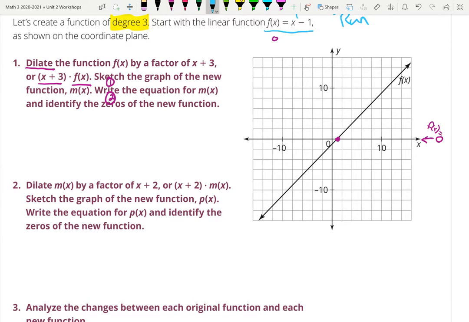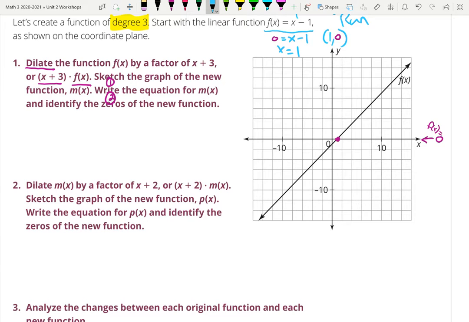I plug that into my above equation, and then I solve by adding 1 to both sides. Notice my x value is 1. My output, my y, was 0. And that's how I get to (1, 0). That's how you find the x-intercept. You substitute 0 in for y.